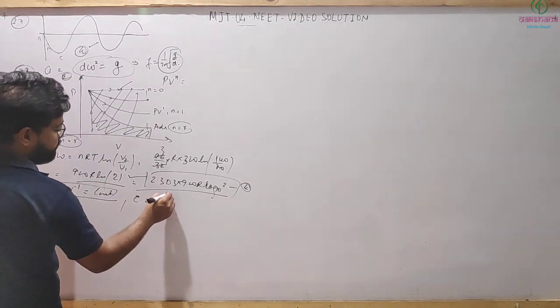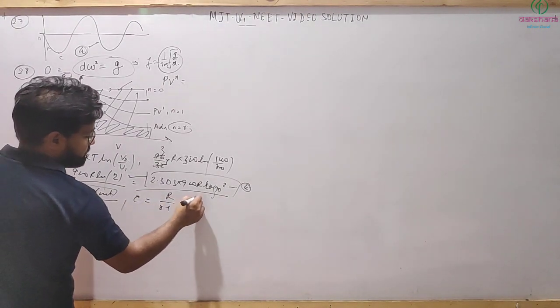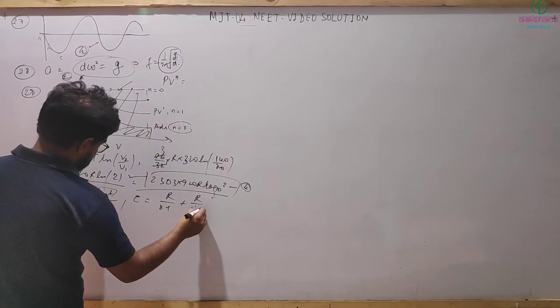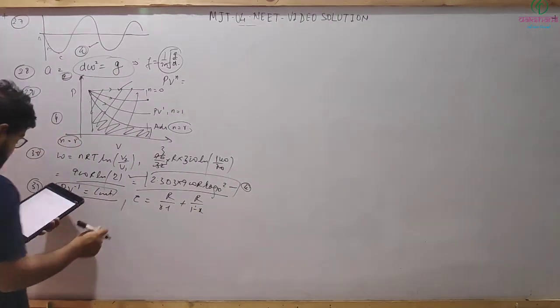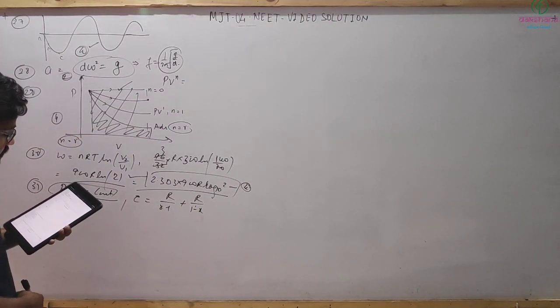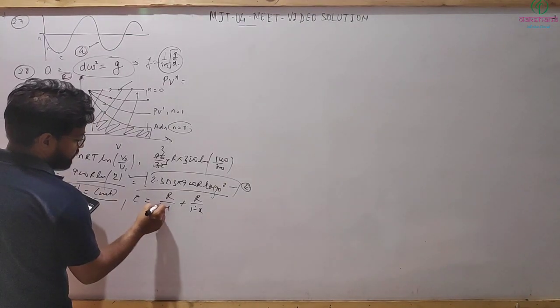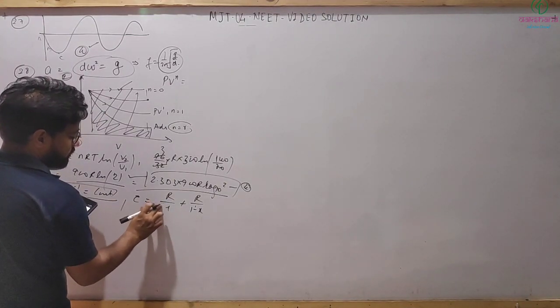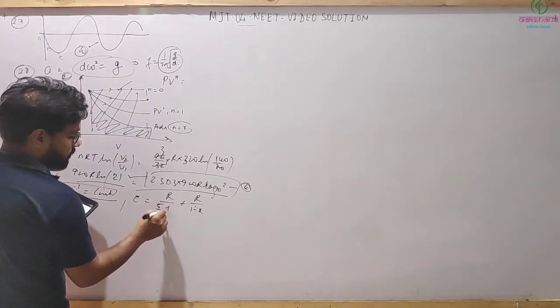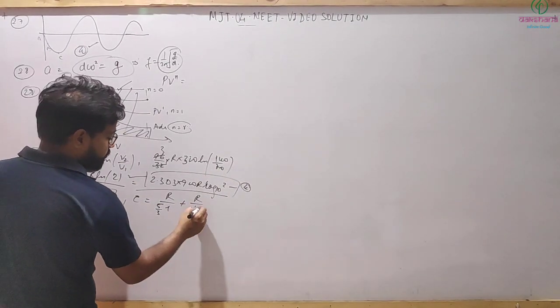The specific heat C for the process is given by R by gamma minus 1 plus R by 1 minus x. It is 1 mole of an ideal monoatomic gas, so gamma is 5 by 3 and x is minus 1.